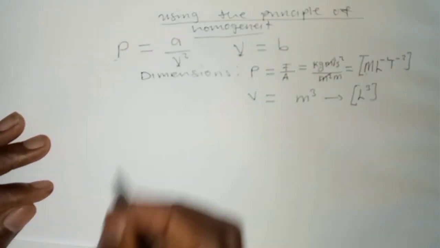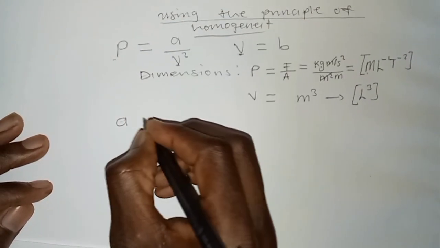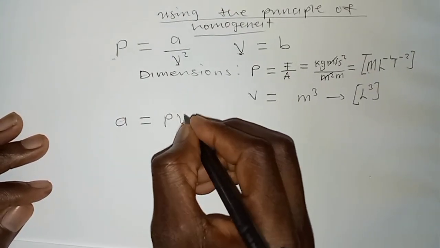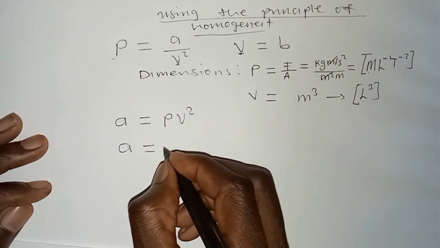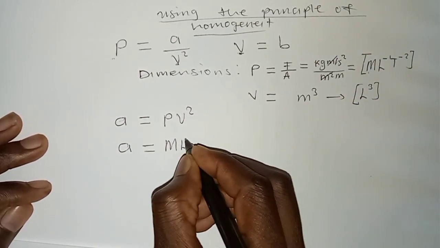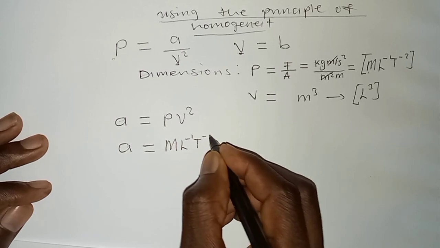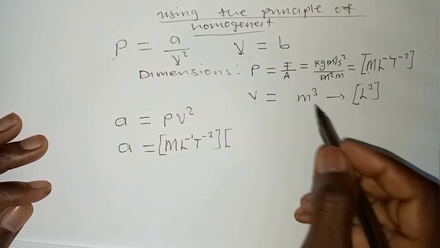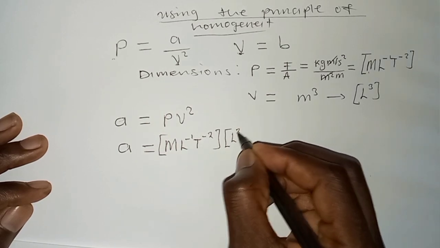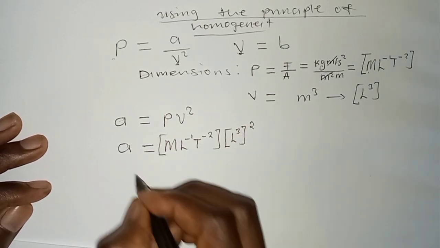Pressure is there, and we want to get A, meaning that A in this case has to be PV squared. So A is equal to the dimensions of pressure, M L to the power negative 1 T to the power negative 2, times L to the power 3, which has to be squared.